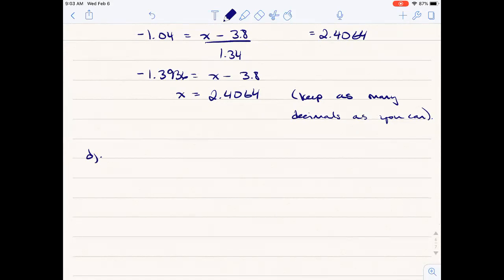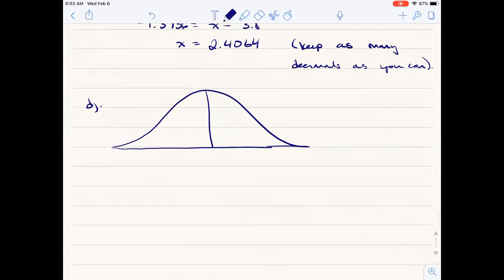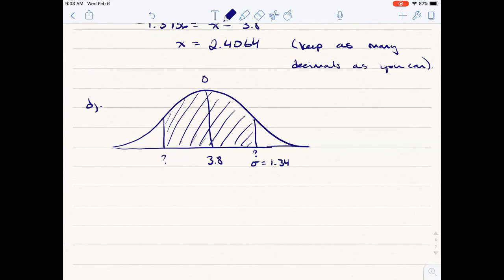D. Again, we start with this normal distribution centered on 3.8 and sigma is 1.34. What speeds capture the central 90%? So now we want to know two values here, and we're forcing this area to be 0.9.